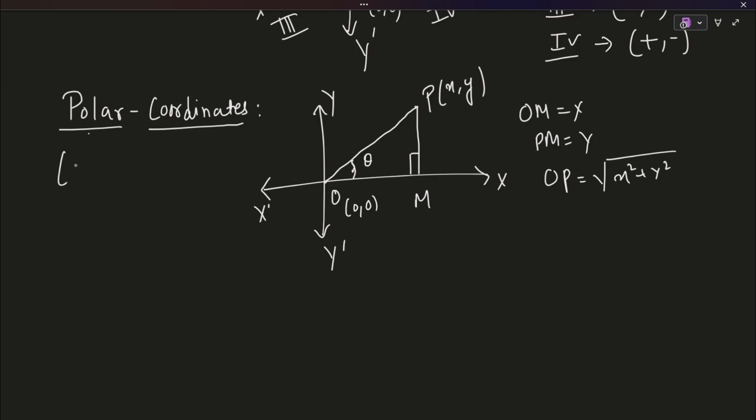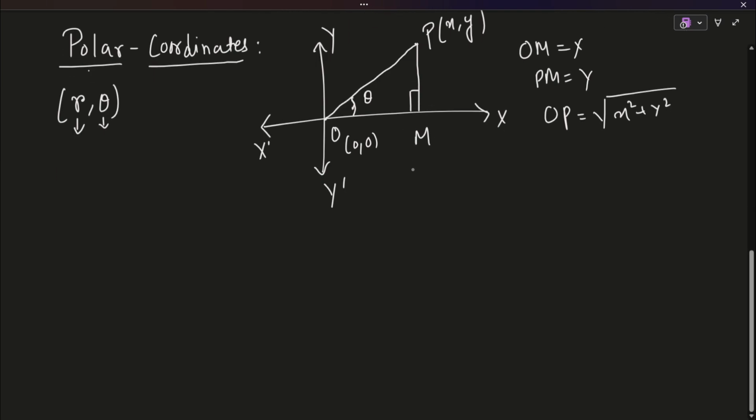In polar coordinates, there are two parameters, r and theta. r is the distance of the point we are referencing from the origin, and theta is the angle that the line joining the origin and the point makes with the positive x-axis. We will understand what it means right now. Okay, let's say this is the point x, comma, y, and we want to write its corresponding polar coordinates, which is not x, comma, y. We have to write it in terms of r and theta.